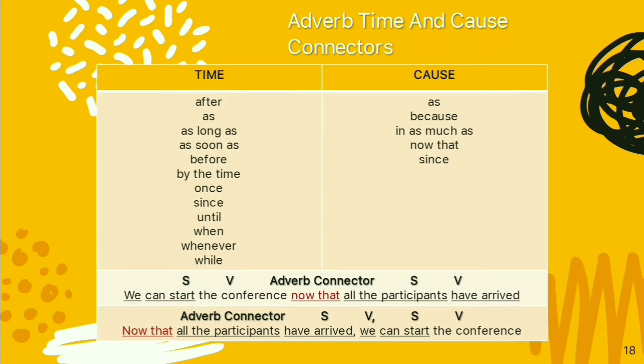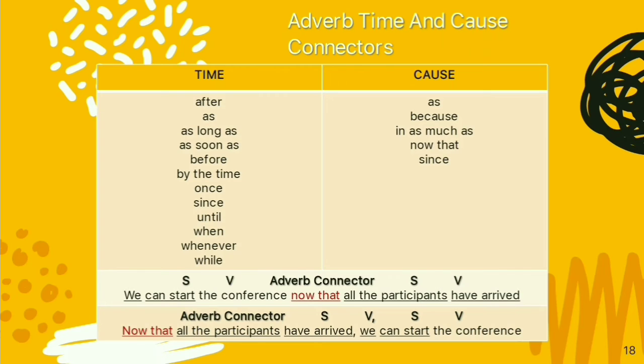The left is time and the right is cause. For time, there are after, as long as, as soon as, before, by the time, once, since, until, when, whenever, and while. For cause, there are as, because, inasmuch as, now that, since.